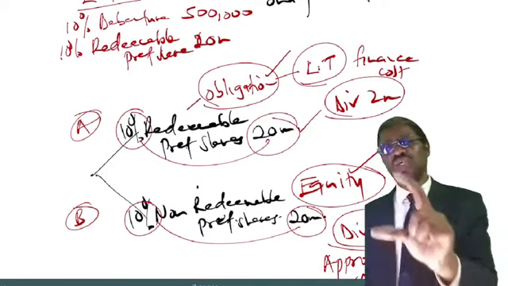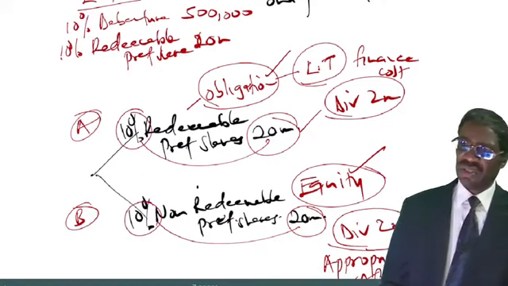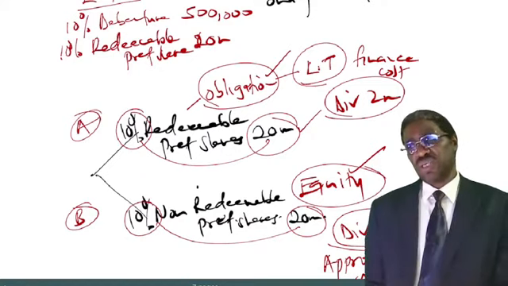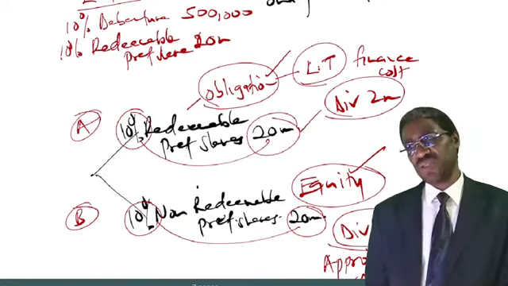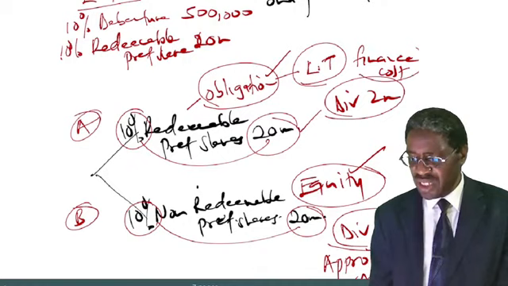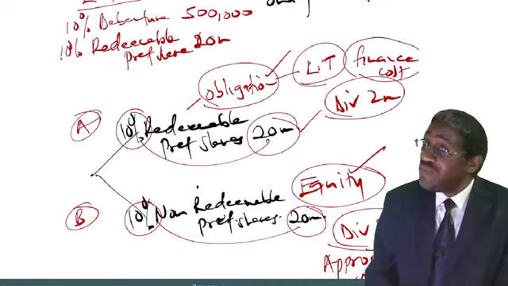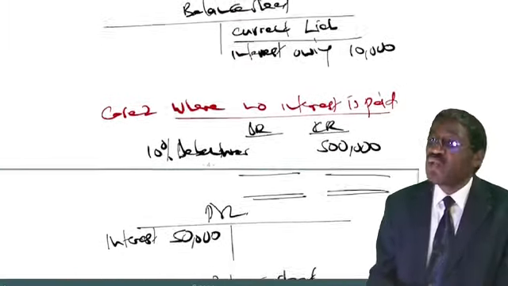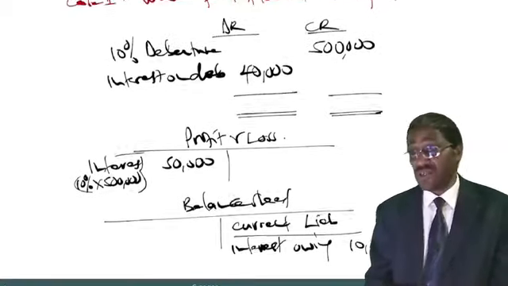When you are issuing redeemable preference shares, you are borrowing because you will have to pay back. And because you borrowed, you will incur a cost of borrowing, which is the dividend of 2 million. So that will be considered as a finance cost. So the 2 million will now go to the income statement together with the finance cost of the 50.